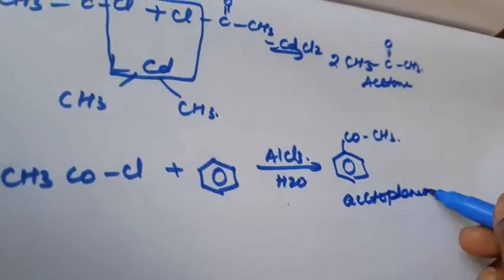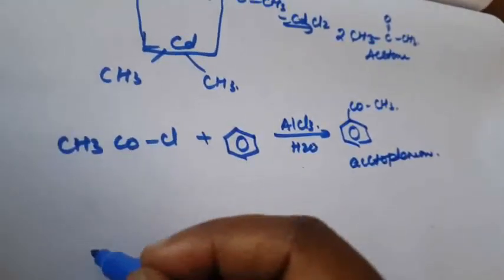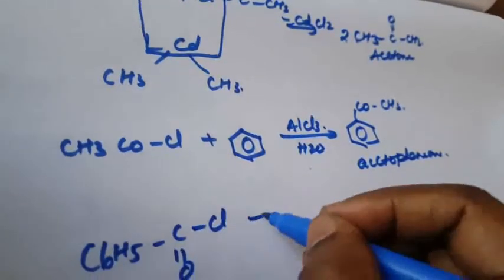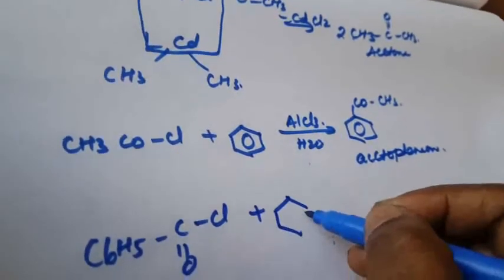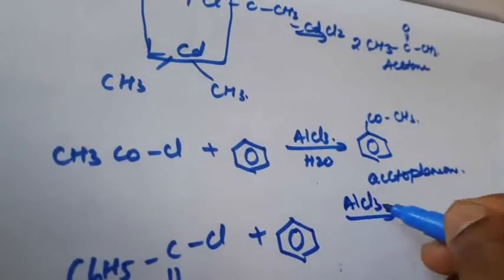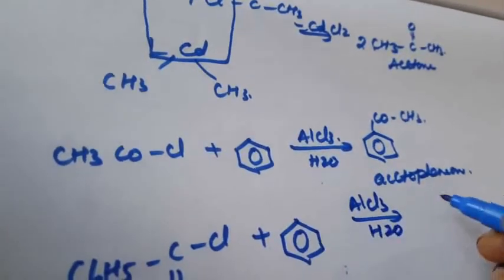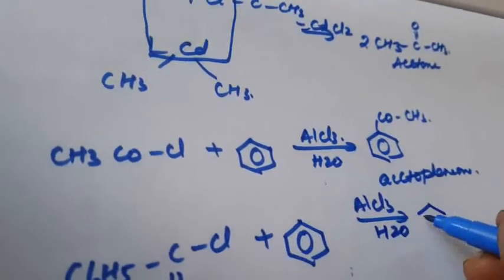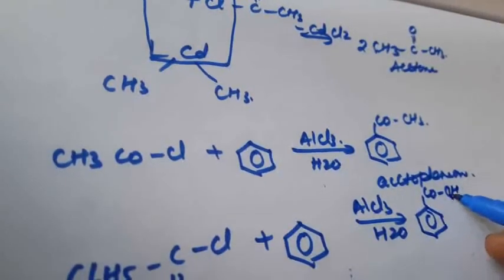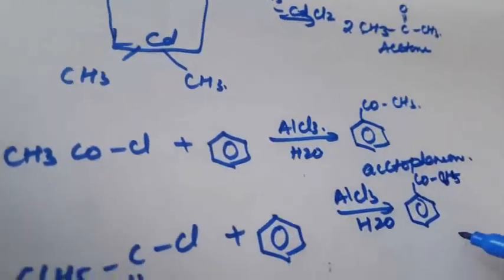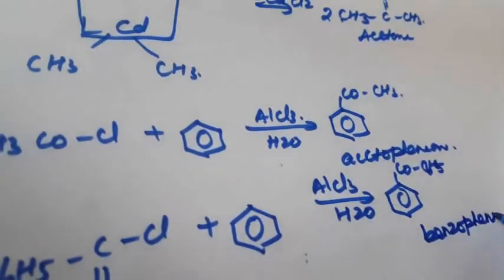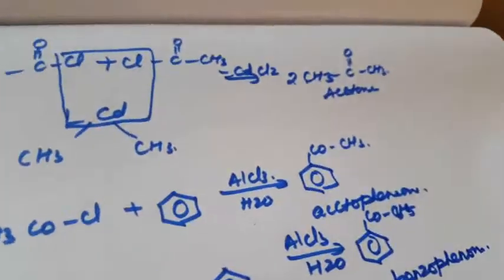Okay, again benzoyl chloride, C6H5 C double bond O Cl, plus benzene in the presence of aluminum chloride, then water, forms COC6H5, that is benzophenone. Okay, that's all about the preparation of aldehydes and ketones.